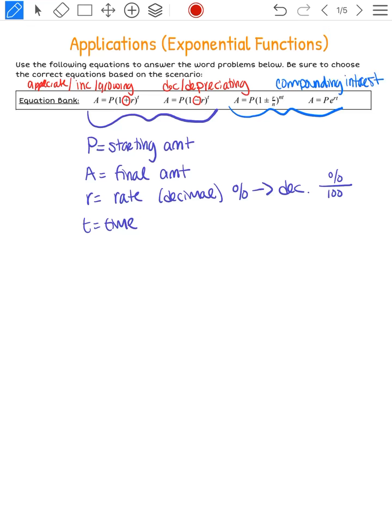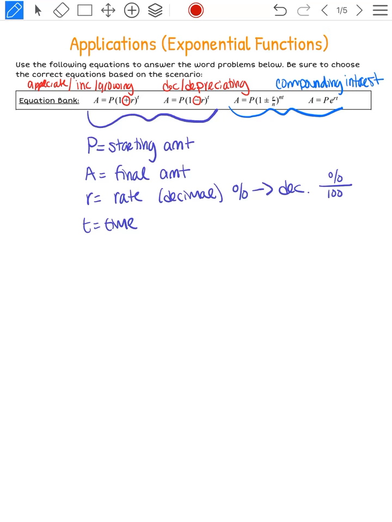And basically what that means is if you get, let's say, a 12% interest rate, but it's compounded monthly, that means you would get 1% interest each month because there's 12 months in a year. If you got 12% interest compounded quarterly, that means you would get 3% interest each quarter. So you would get 3% 4 times a year, giving you 12%. So we want to compound interest because that means you get your interest payments more frequently, and therefore your total balance increases, and then you basically get interest on your interest.